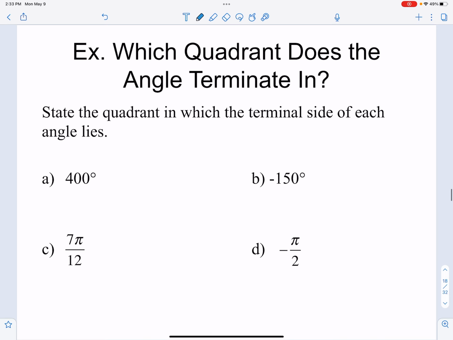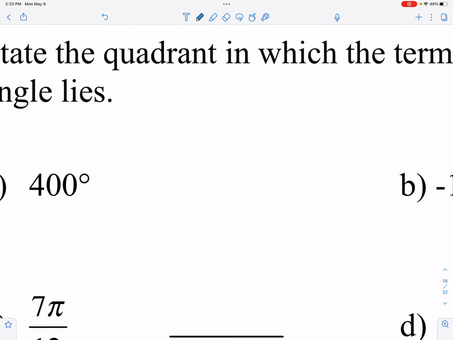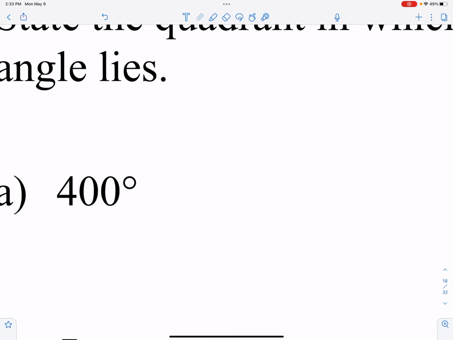It can be really helpful to be able to determine what quadrant an angle terminates in, but also just have the awareness of where different angles terminate. So like 400 degrees, that's more than one full rotation. If we were to draw an angle that measures 400 degrees in the xy plane, we know that it's a positive angle.